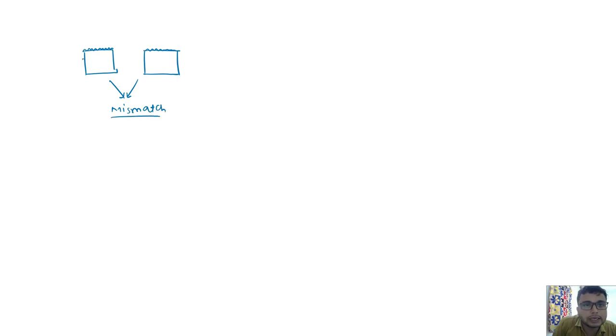Now the point is that this roughness is more visible if the overall area is small. If the overall area of the device is large, then this roughness will not matter much.